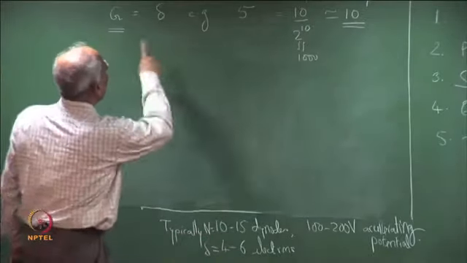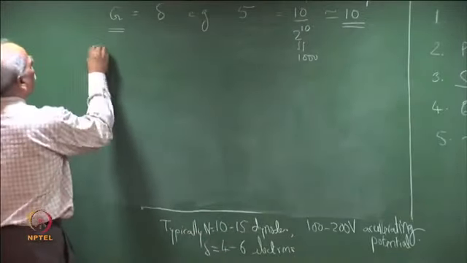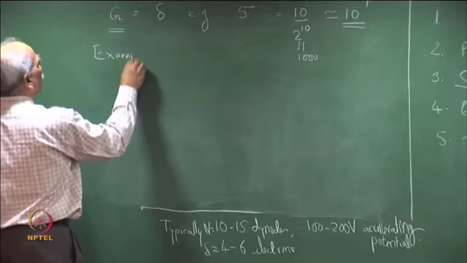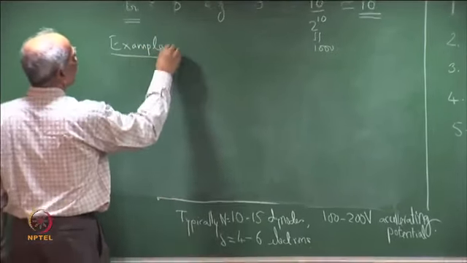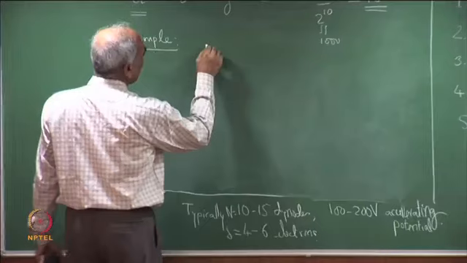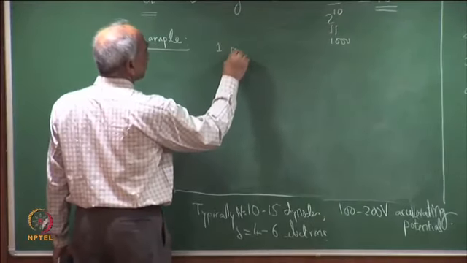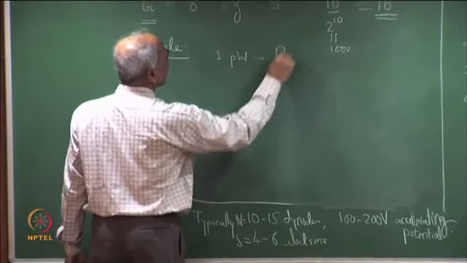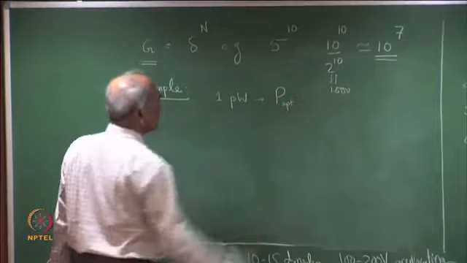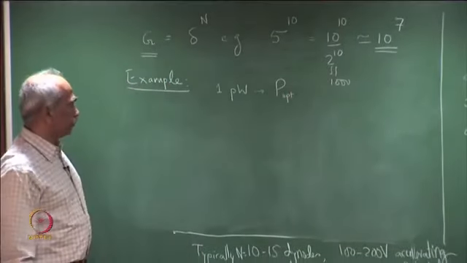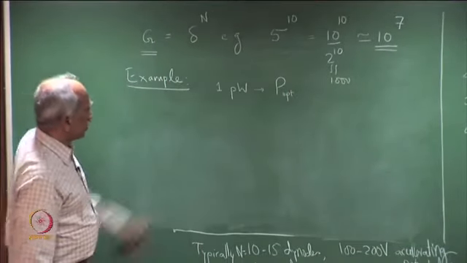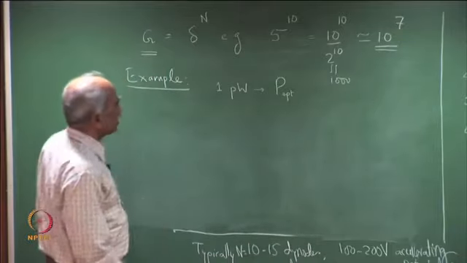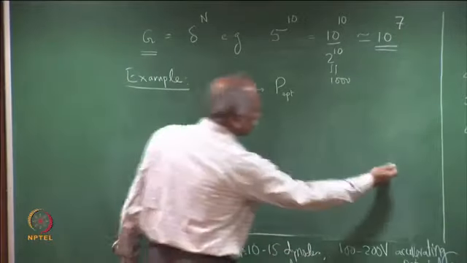So, let me take an example. Let us say the incident optical power P optical is 1 picowatt. So, how to calculate the output across the load resistance?